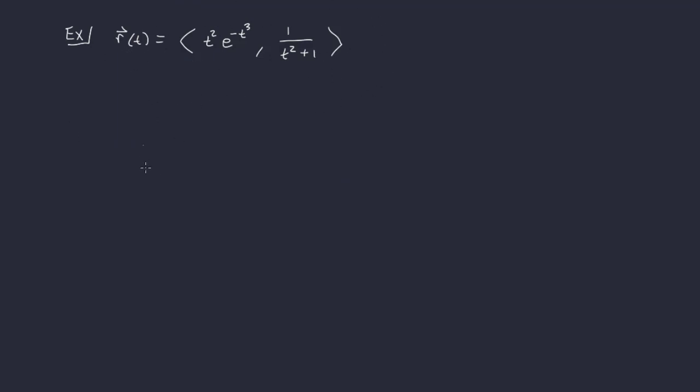All right, but the integration thing doesn't have to be application-based. We can just take integrals like we normally do. Say, for example, if I want to calculate capital R, which is the definite integral of little r of t dt, we can do that. It's just going to be the integral of the first term.